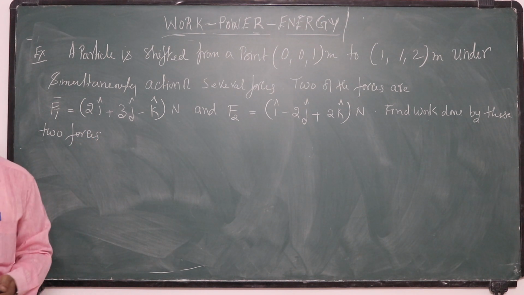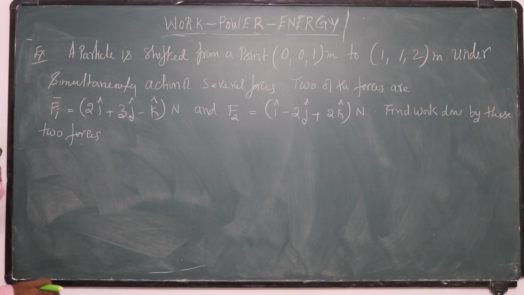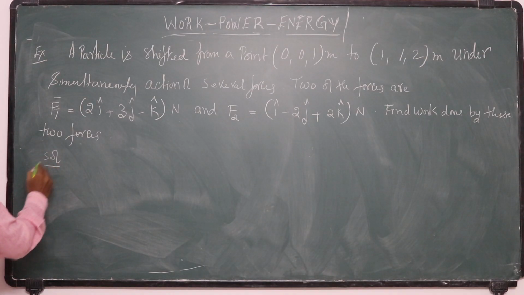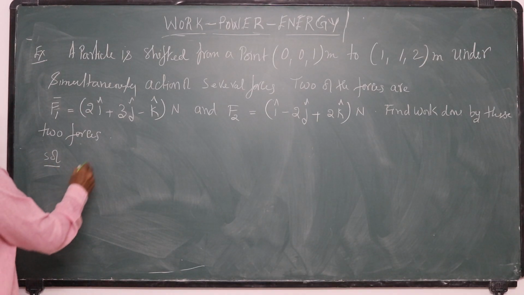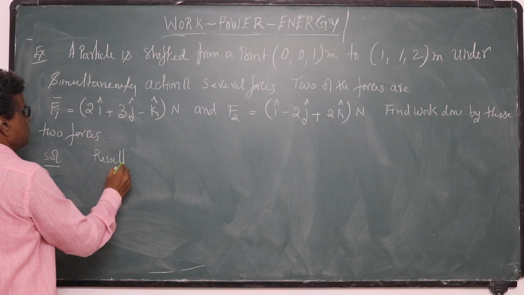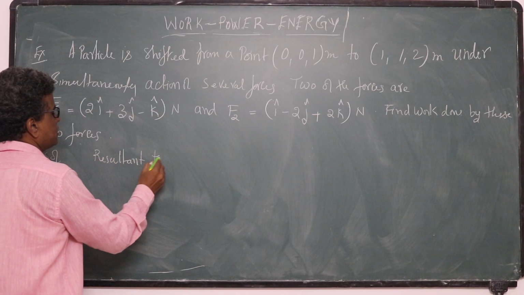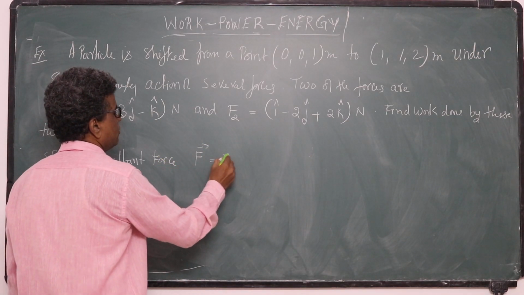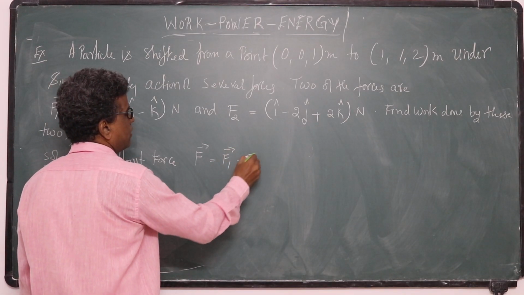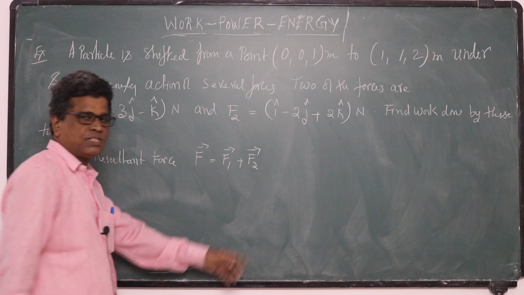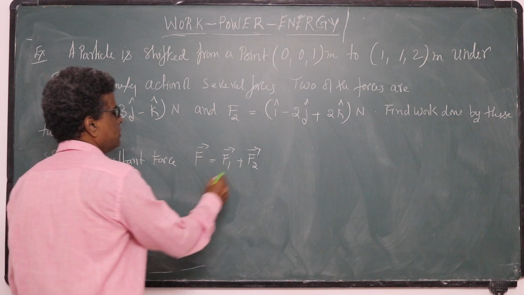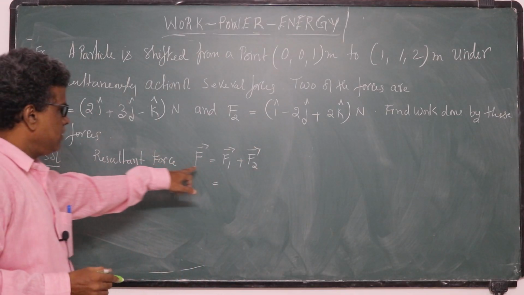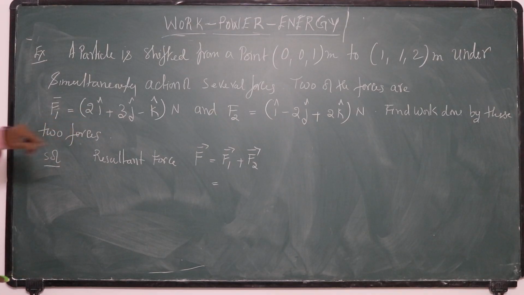How do you calculate? You can solve this problem. First you find the resultant force. The resultant force F bar is equal to F1 bar plus F2 bar. If a third force is also there, we add vectorially. For the addition of these two vectors, I am using the components of forces.